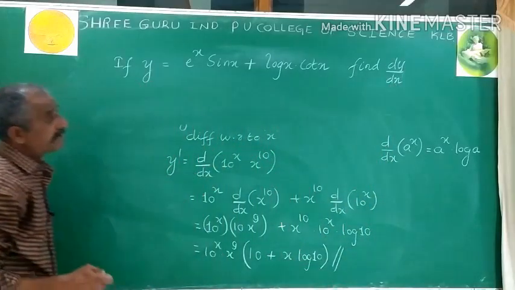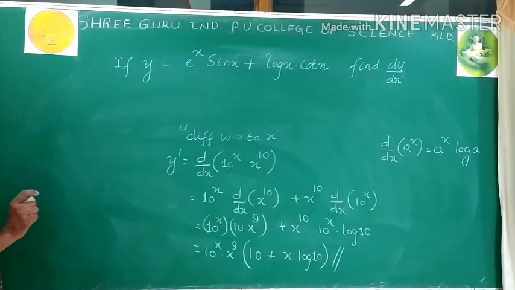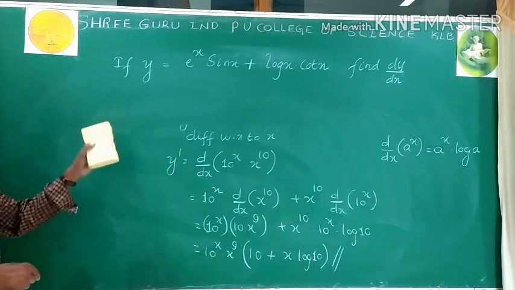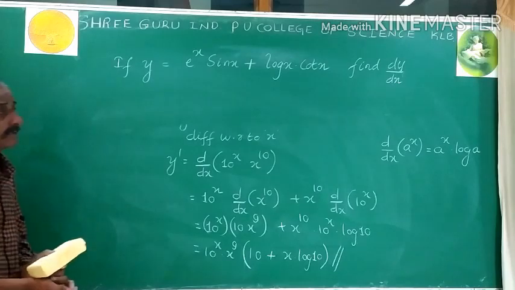Keep in mind, these are all PUC first year concerned problems, but just for the sake of retracing, to refresh your mind, I am taking once again these examples concerned to PUC first year.